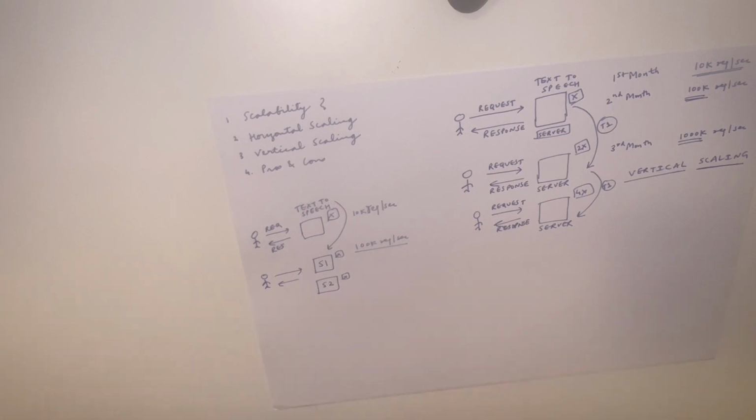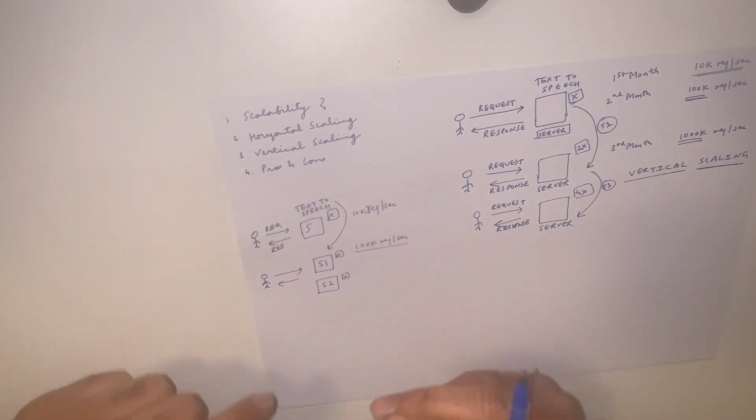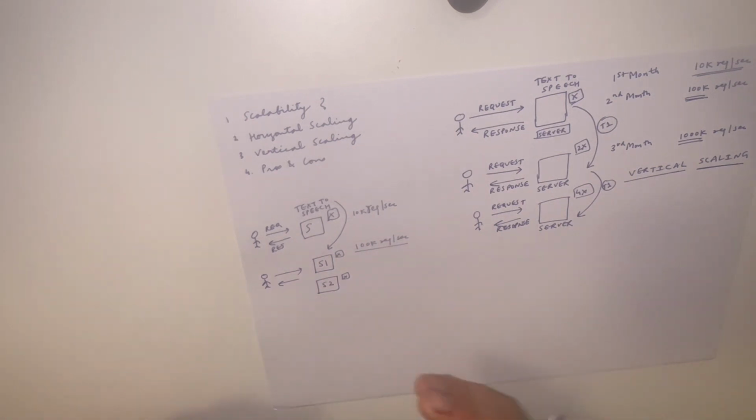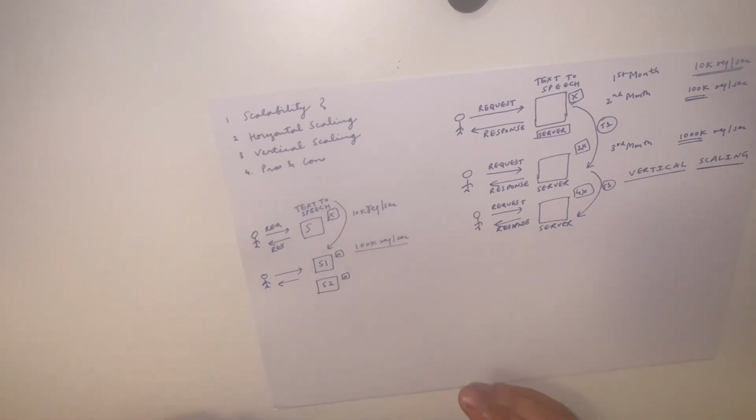There is no additional latency incurred, and no timeouts that the users are observing. So this is another way for you to solve for scalability, wherein instead of buying a bigger machine, you just procure another machine with the same configuration, and it's able to handle the load. Basically, you have distributed your load between two different servers.